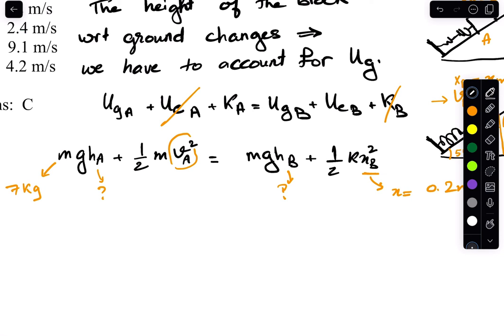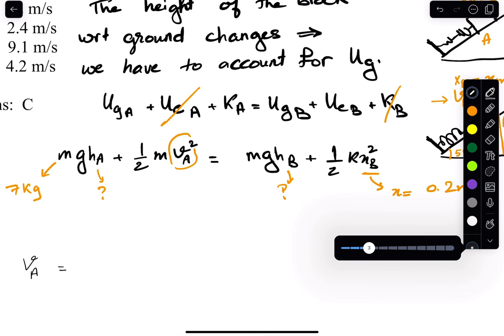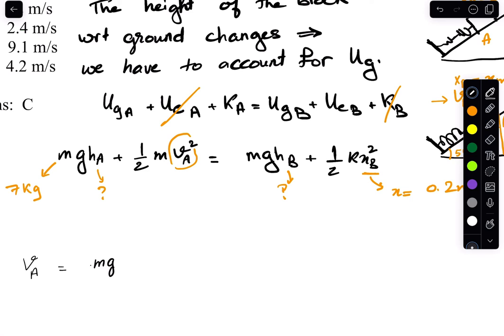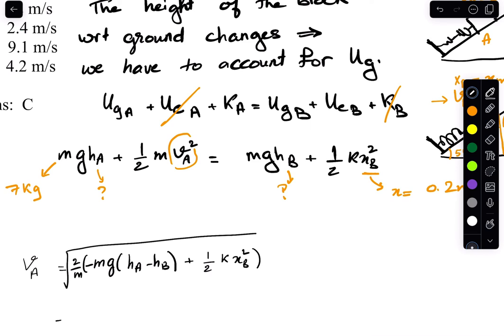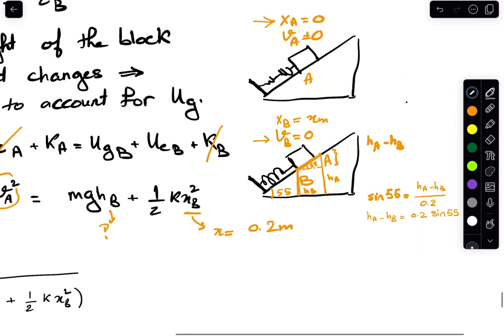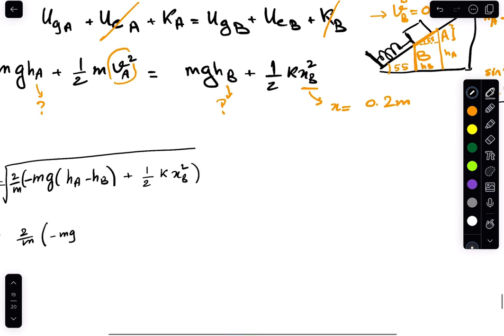So if we actually rearrange this equation for VA, we will obtain VA to be equal to, actually, I write it as minus mg (HA minus HB) plus half k xB squared, and I will multiply this by 2 over m and put a radical to find V at A. So as we just proved, instead of HA minus HB, I'll write what we got here, which is 0.2 sine 55.